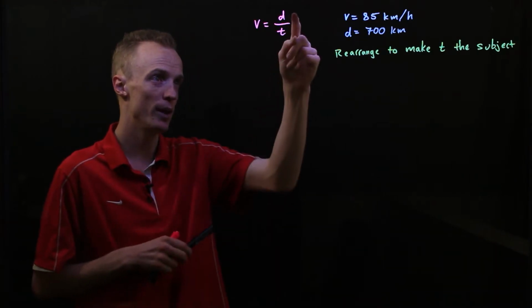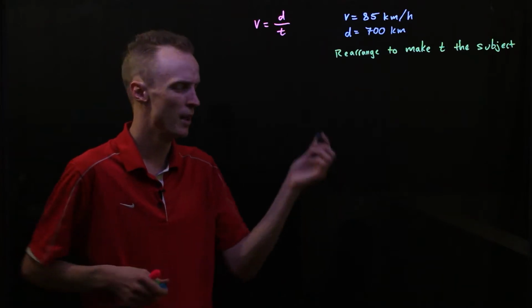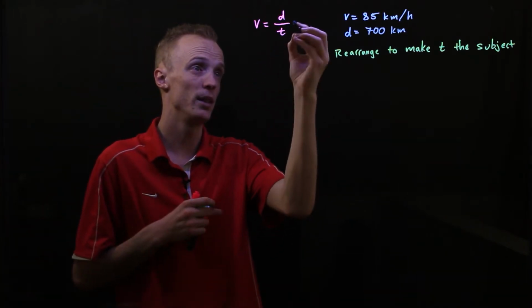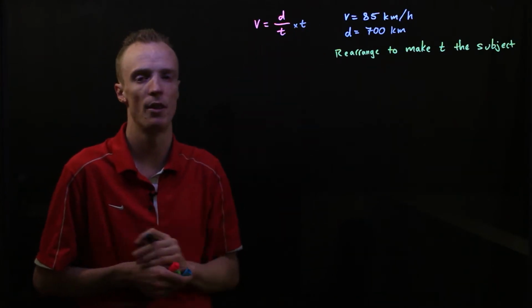Well, because we're dividing by T at the moment, if I want to remove that T from the bottom of the fraction, I would need to do the opposite of dividing by T, which is to multiply by T here. And these two will cancel each other out.